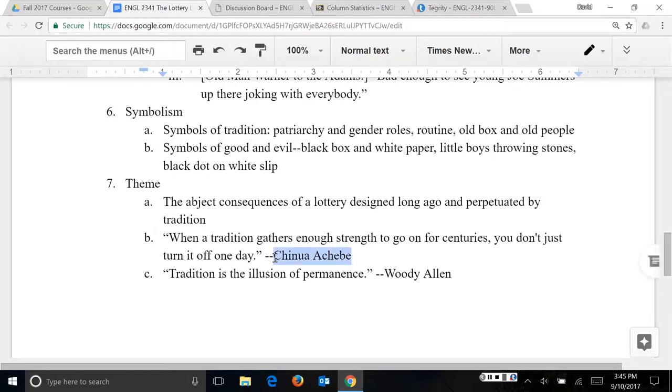Chinua Achebe, who wrote a famous story called Things Fall Apart, says, "When a tradition gathers enough strength to go on for centuries, you don't just turn it off one day." And how true is that, right? We have several people for years, maybe even centuries, who have continued to do the same routine over and over again.